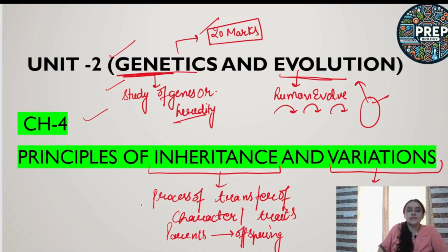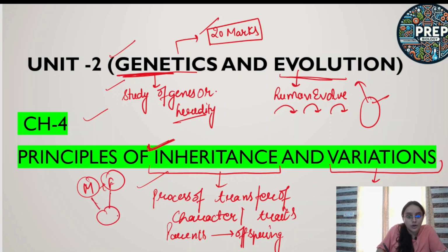So inheritance is the process of transfer of characters from parents to the next generation. If you see the male and female, that is the mother and the father, they have particular characters, and these are transferred from them to their kids. That process is called inheritance.